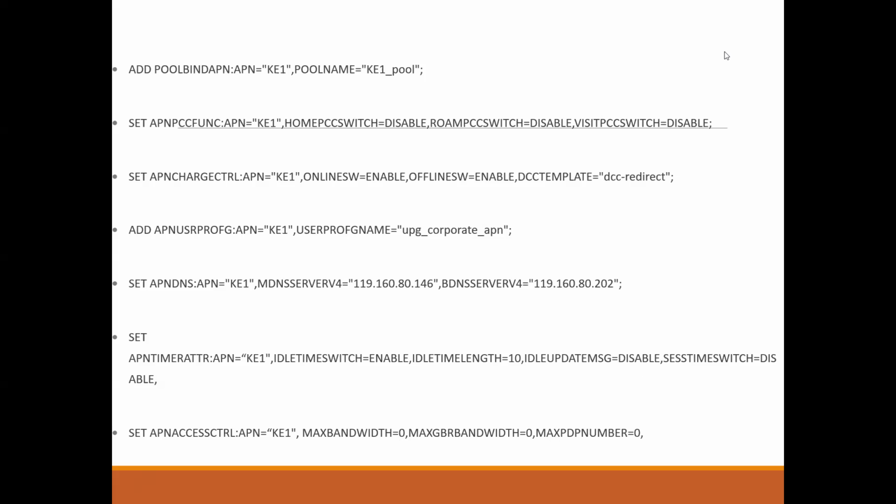Which fields are compulsory varies from vendor to vendor. If you log into your GGSN, you can see which fields are compulsory and which fields can have default values. So this is something that varies with the node that you're using.